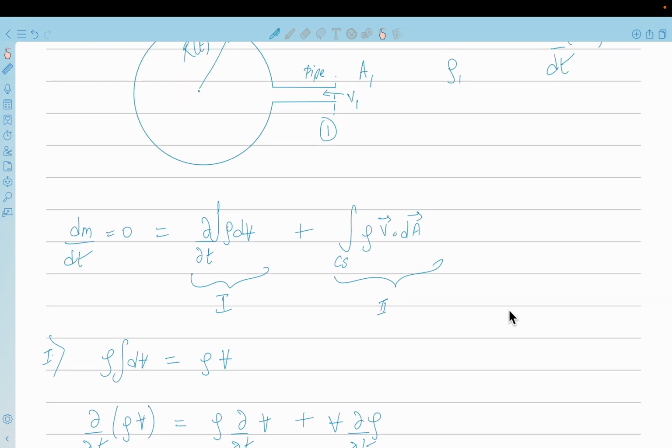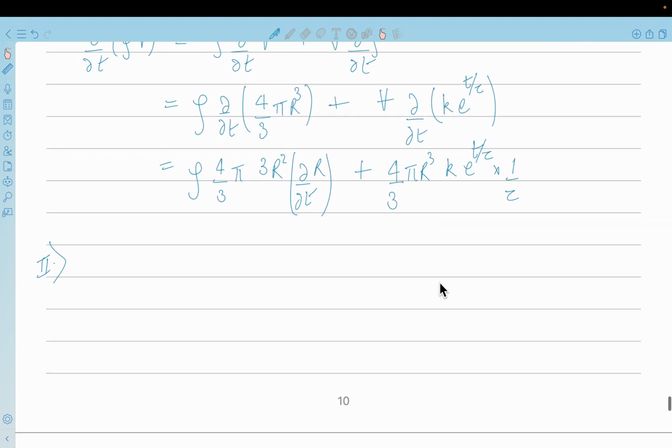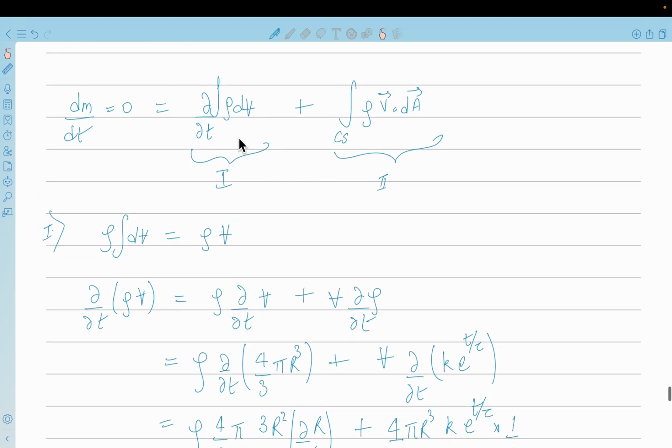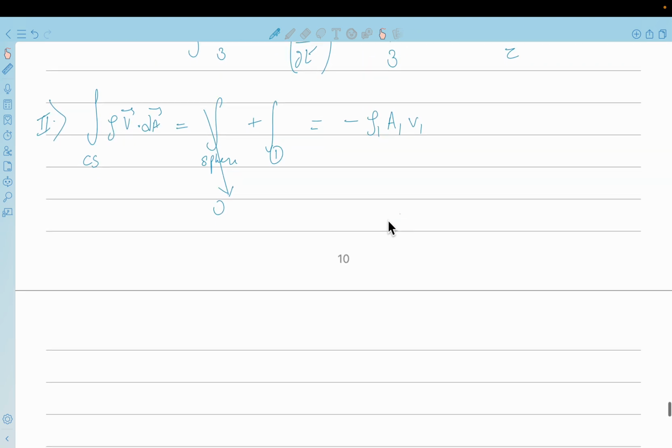Because n cap is outwards here at location 1, so this is going to be a negative sign. So term 2, this integral over the control surface of rho V dot dA, you can write as the integral over the sphere plus the integral over section 1. This term is of course 0, and this term gives us minus rho 1 A1 V1. If you sum over 1 and 2 and that is equal to 0, I can rewrite this.